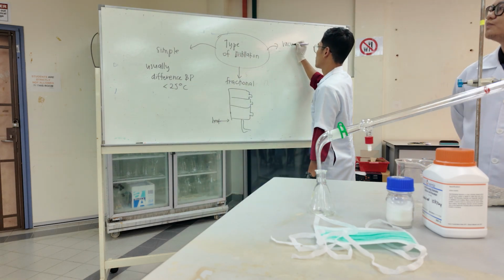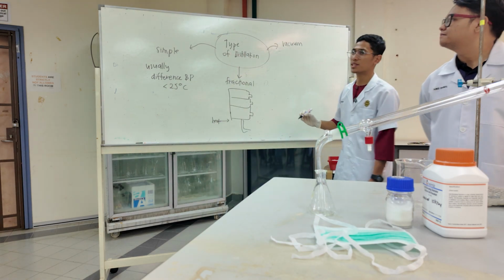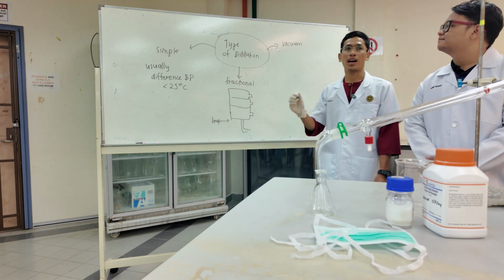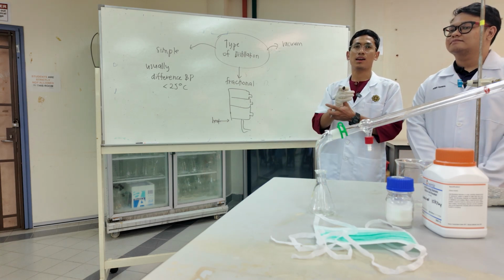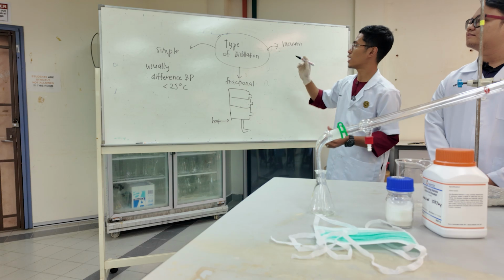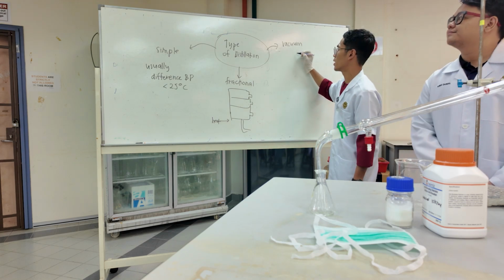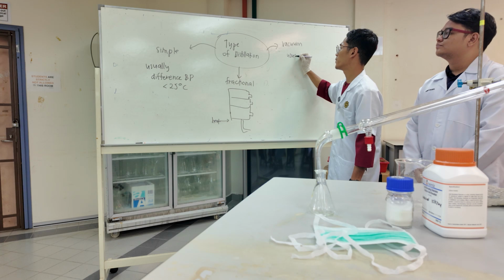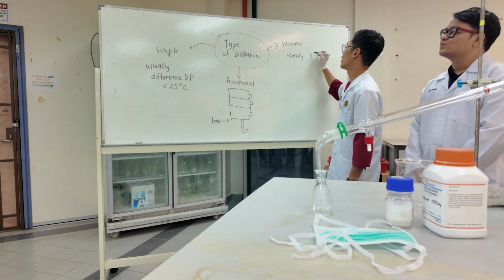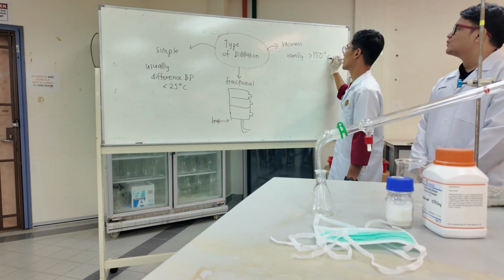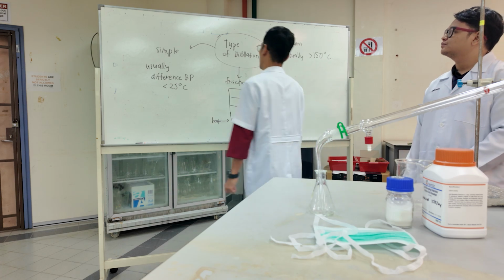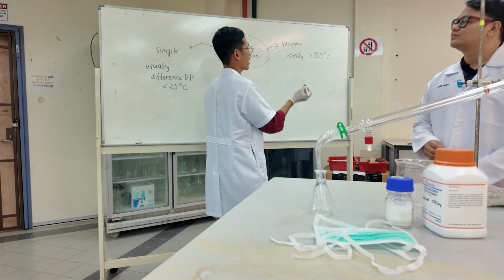Okay, the third one is vacuum distillation. Vacuum distillation is usually for compounds that have a very high boiling temperature, usually above 150 Celsius. I'll give an example like glycerol.